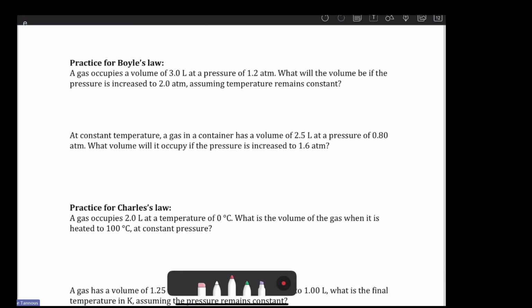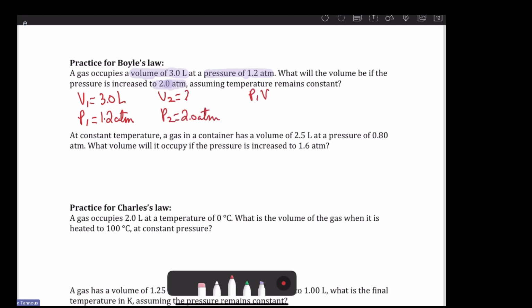Now some mixed practice for all the laws. For Boyle's law, always remember to use the unit. Volume is given as 3 liter, pressure is 1.2 atmosphere. What will be the volume if the pressure is increased to 2 atmosphere? So V1 is 3 liter, P1 is 1.2 atmosphere, P2 is 2 atmosphere.